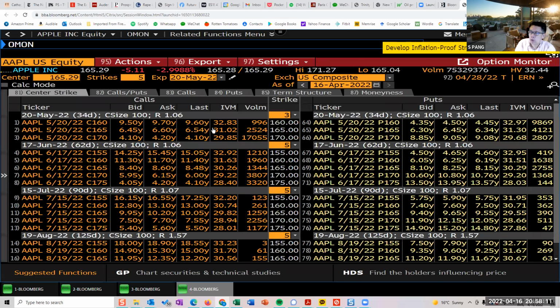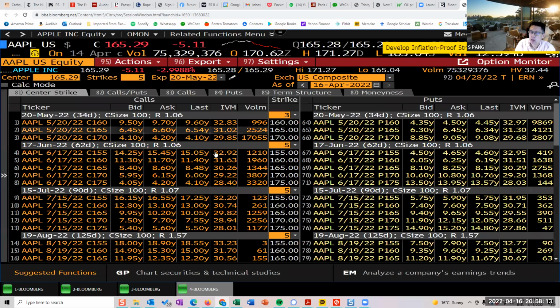So here is a more up-to-date picture of the volatility of Apple. Now you can see the values are up. IVM, implied volatility measure, I think. A lot of things you can say about this.